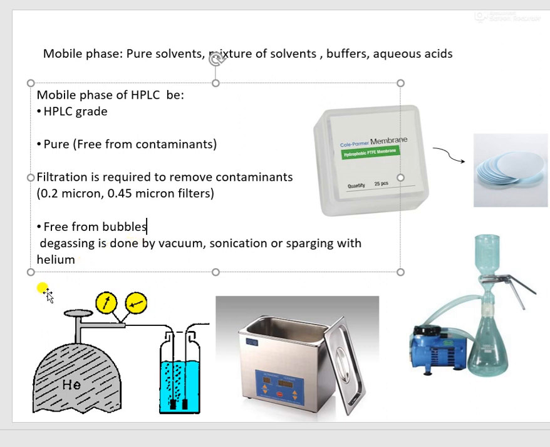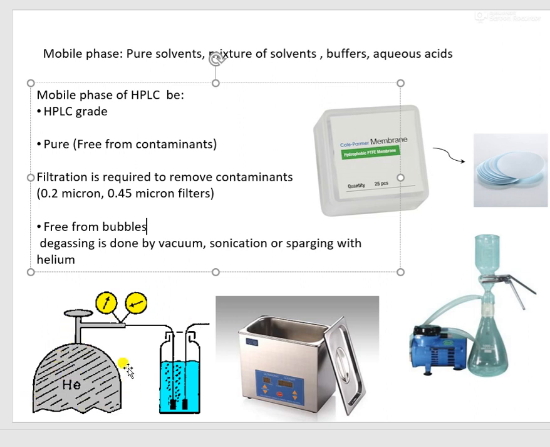Now, how will you remove the bubble? You can either purge some gas or you can sonicate it. Removal of air bubble from the solvent is known as purging. So to remove air bubbles, you can pass some gas.